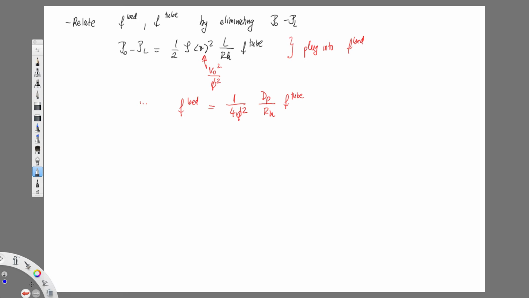Another step here is I know that hydraulic radius, I can actually find it for sphere pack. That's something that we did in Karman-Kozeny derivation.